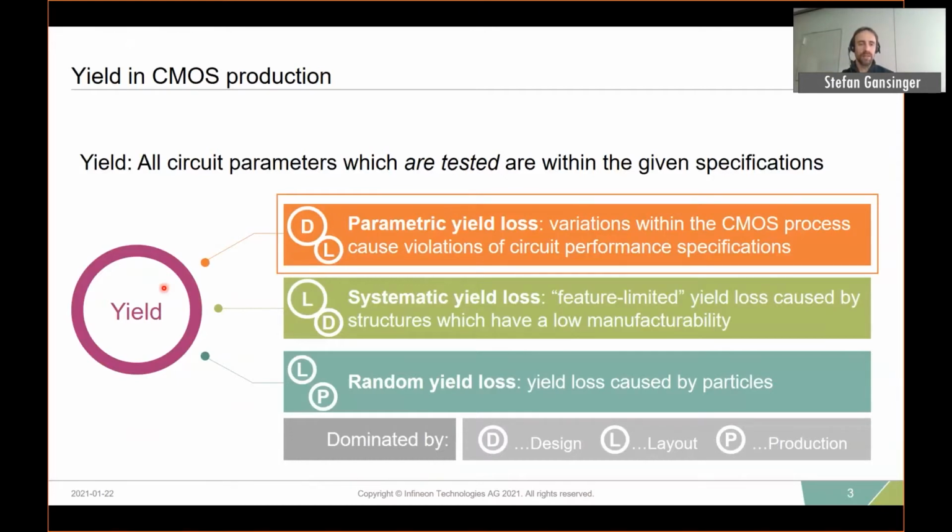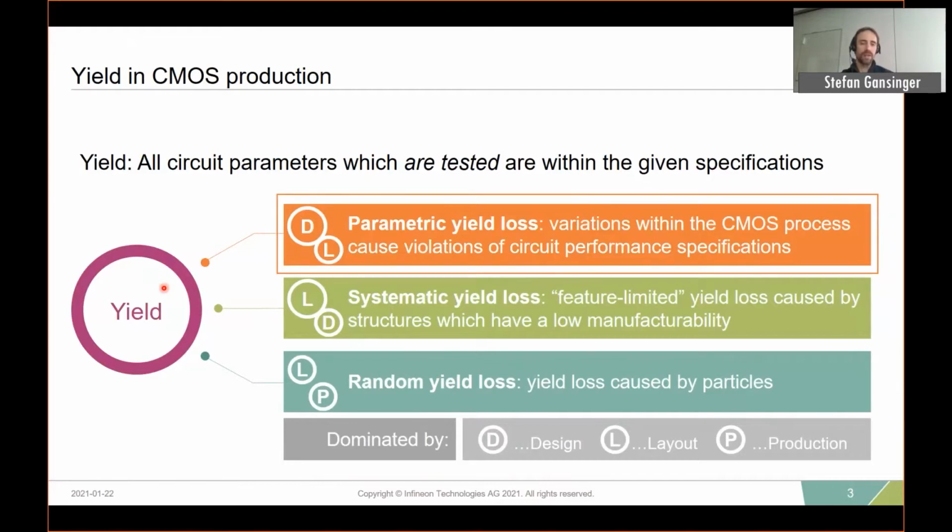And to avoid this, we are testing each IC in production for certain parameters against given specifications. And by yield, we refer to the number of chips, it's typically in percentage, which fulfill all given specifications and can be delivered to a customer.